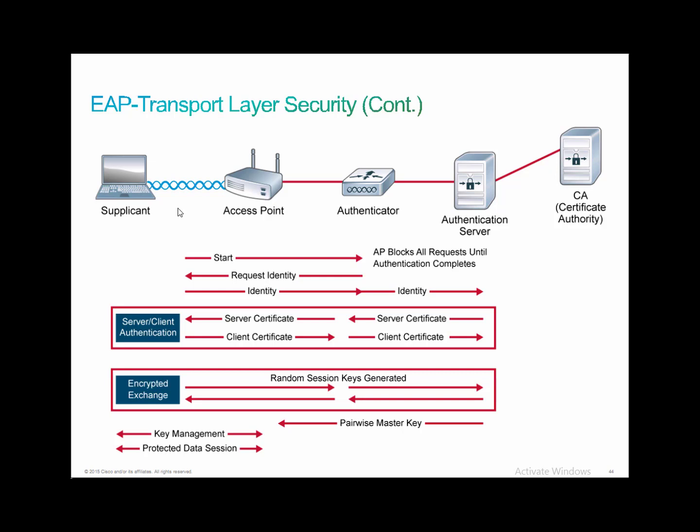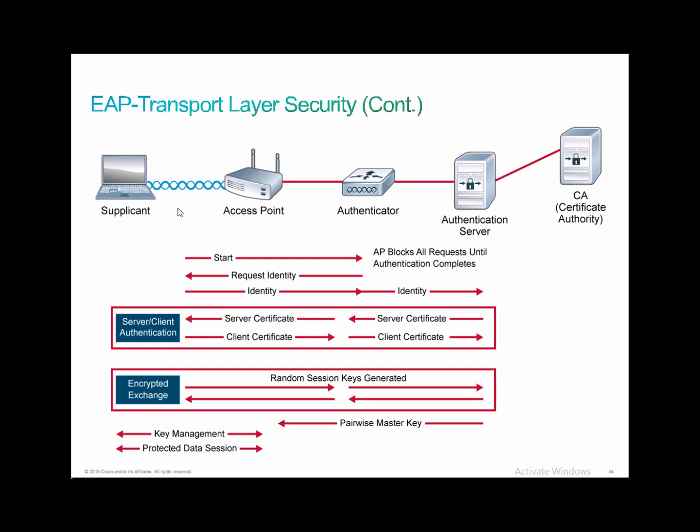So the client sends its identity, user information, machine name, etc. to the controller, and then the authentication server verifies that information. Actually, before that happens, the identity is passed along to the authentication server, but before we go through additional exchange, the authentication server sends its certificate to the client.